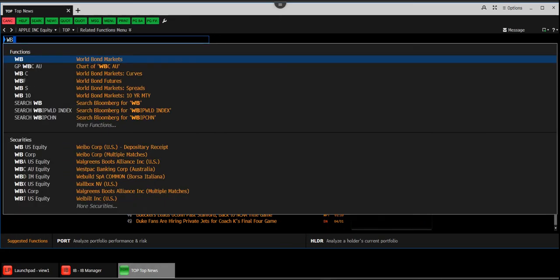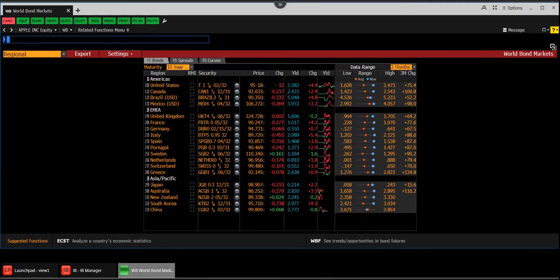So the second function is going to be WB, or the world bond markets. I think this is really useful because in the age of equities and bonds, normally they're not correlated, but we've seen in the recent couple of months how correlated they actually are, given the fact that if bonds go up, equities tend to suffer.